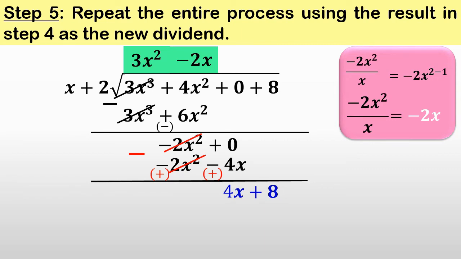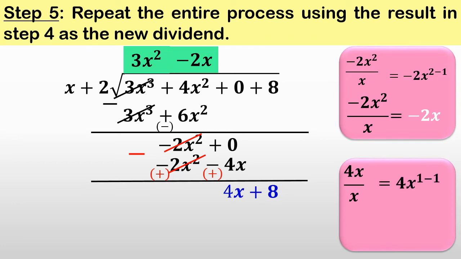Okay, so let's divide it again. Repeat the process. 4x divided by x, the first term of the dividend divided by the first term of the divisor. 4x divided by x is equal to 4x raised to 1 minus 1. So, 1 minus 1 is equal to 0.